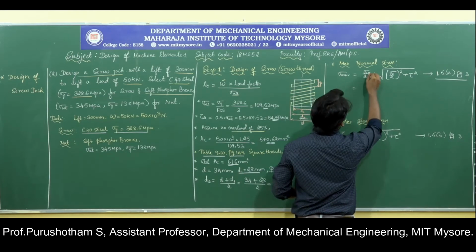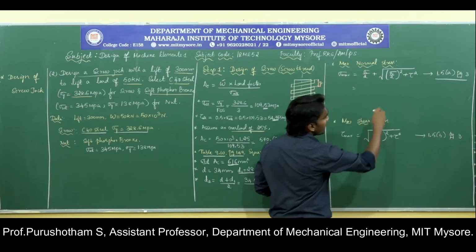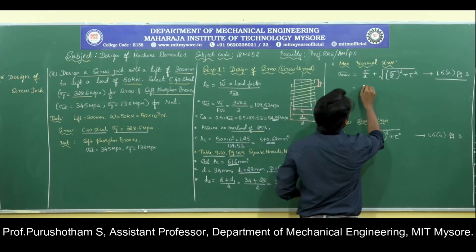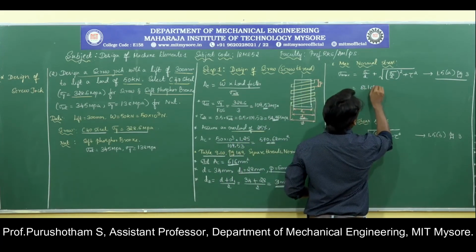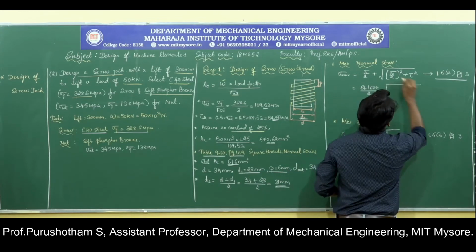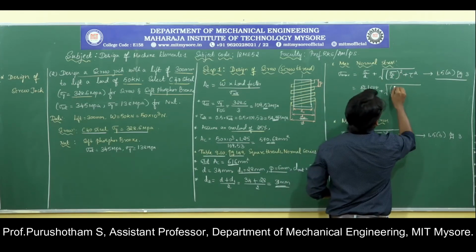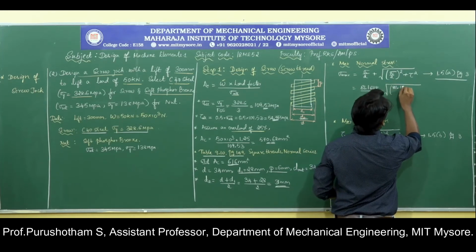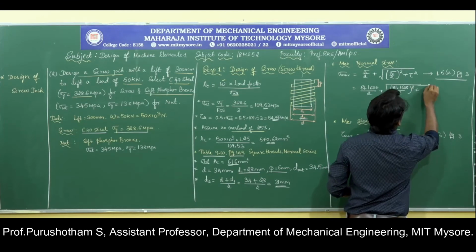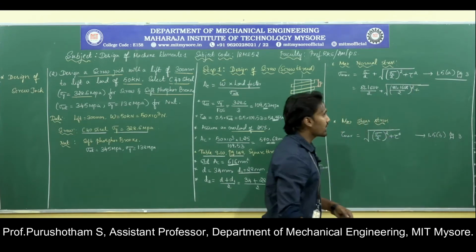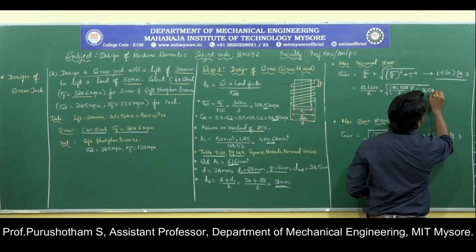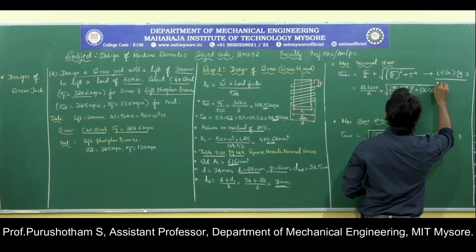Now the maximum normal stress is given by sigma c by 2. Sigma c we just calculated, so that is 81.1688 by 2 plus square root of 81.1688 by 2 whole square plus tau square, the shear stress which was calculated as 36.56 whole square.